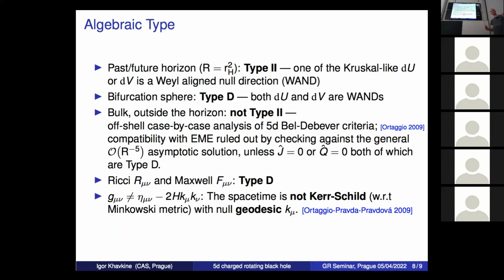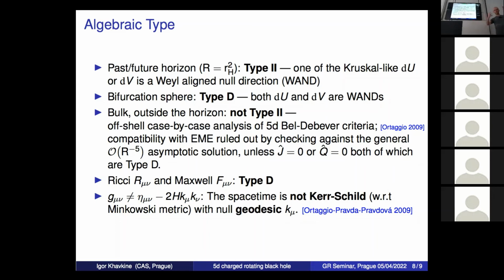But as soon as you go outside the horizon into the bulk towards infinity, you find that it is not of type II anymore. And of course, it's complicated to check whether a metric has a certain algebraic type or not. It's difficult to demonstrate that it really does not have a special algebraic type. But Tomasz Malek did a very careful case-by-case analysis, writing down the 5-dimensional versions of the Bel-Debever criteria for type II, and even without using Einstein equations.